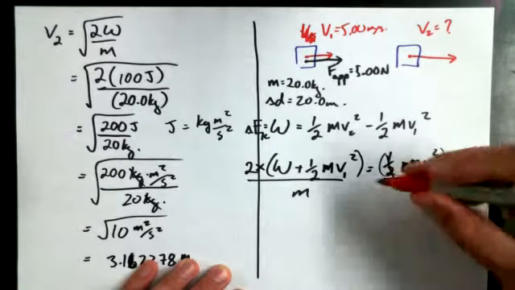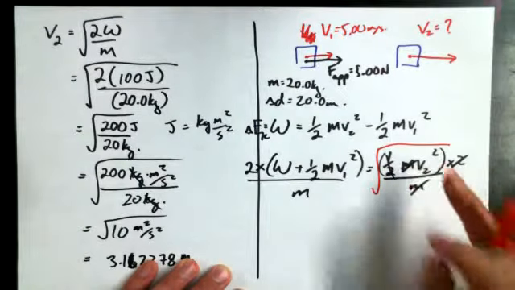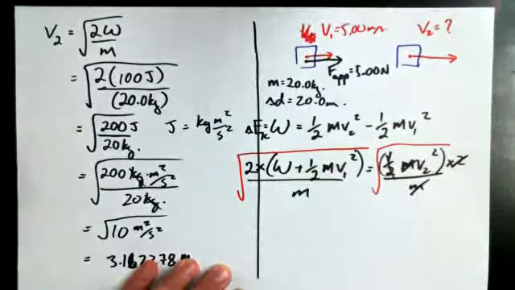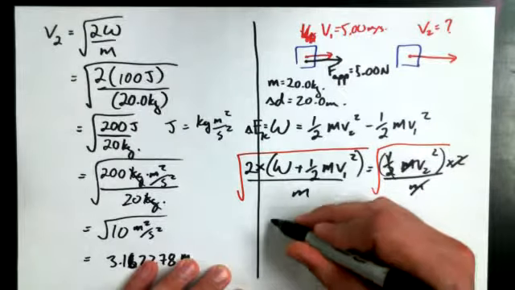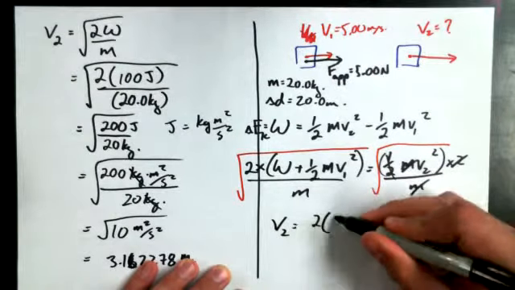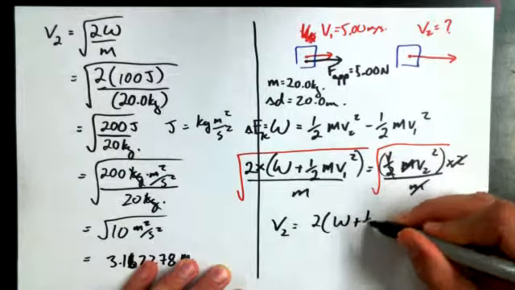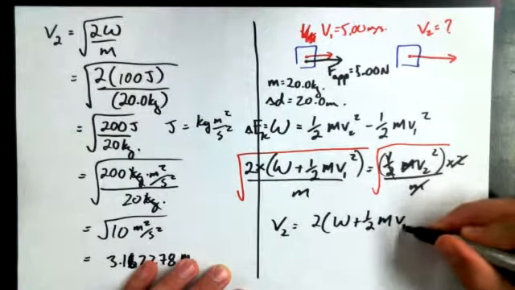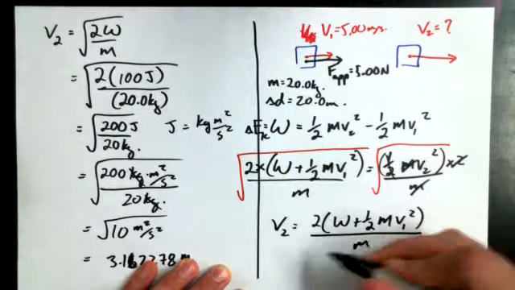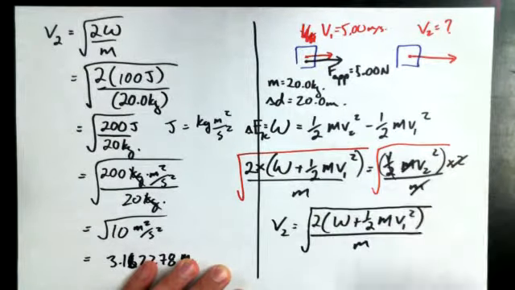And of course, square root both sides to get rid of that v2 squared value. And you end up with a somewhat ugly expression. More ugly than before. v2 is equal to 2 times the amount of work plus 1/2 mass times v1 squared, all over the mass, all square rooted.